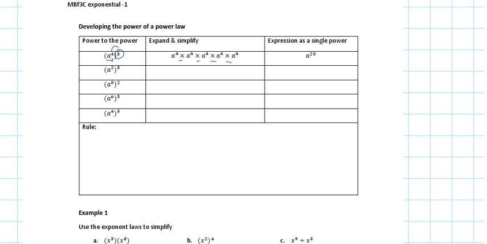Okay, so I can do this a couple more times. Let's look at this. Does that work? a squared times a squared times a squared, so that's 2 plus 2 plus 2, that's 6, so a to the power of 6. But at the same time, if I do 2 times 3, what does that give me? 6, right? If I multiply the 2 times 3, that's going to give me 6.